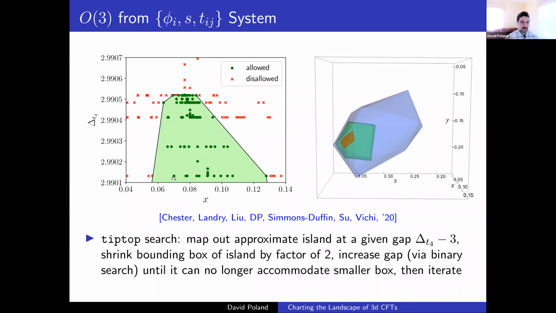Then we start increasing the gap, compute a new island, increase the gap, compute a new island, and we do that until we find that we can't increase the gap anymore and still find any island left. That's roughly how we compute the maximum value of this scaling dimension.